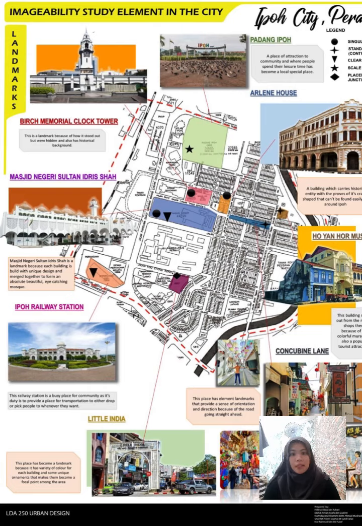This has become a landmark because it is a building which carries a historic entity, with proof of its craft shape that can be found easily all around Ipoh. As you can see, it's very obvious how different and aesthetic this building is, because its craftsmanship is totally from the past, and you cannot find this kind of building nowadays.